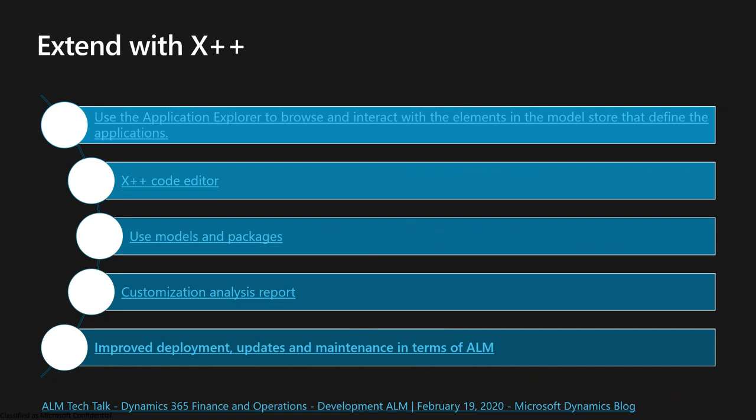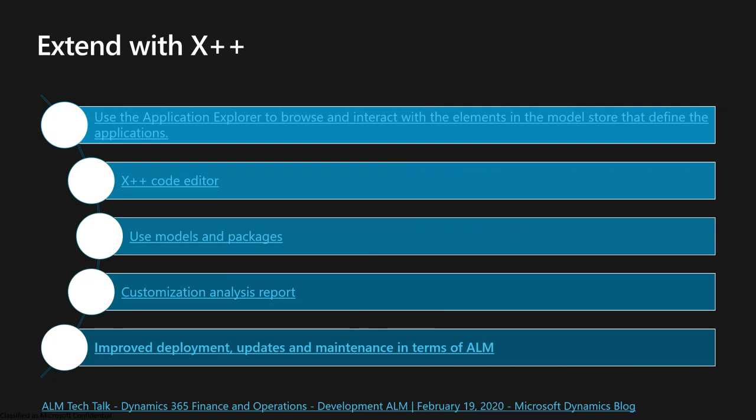So you have the benefit of the X++ code editor, and the benefit of the models and packages concept. As compared to other FNO modules, all the concepts related to the new models or the ISV or whatnot, all the packages and models can be used in the HR code base as well.